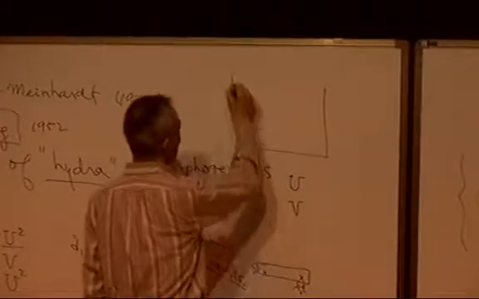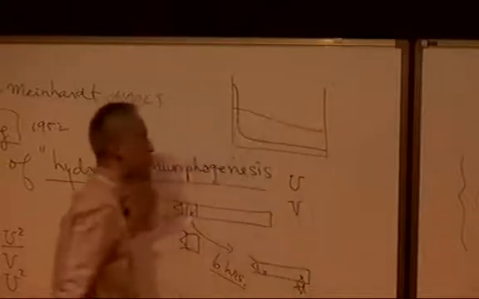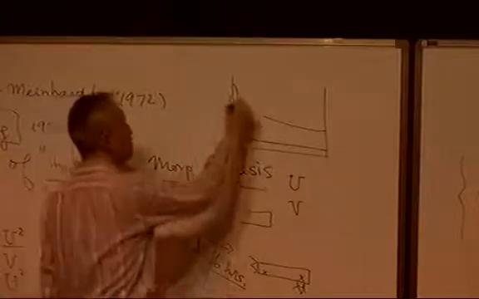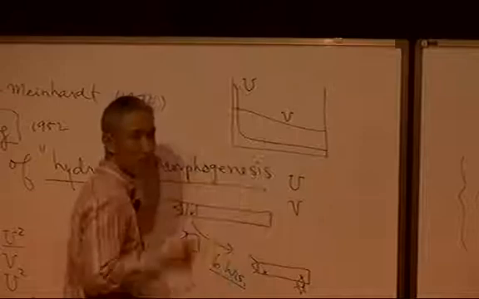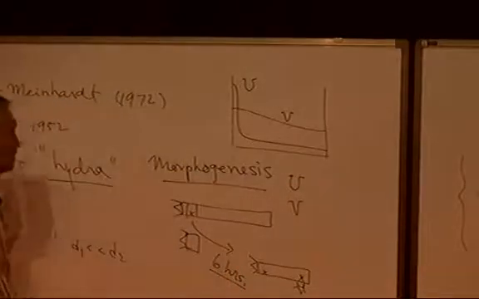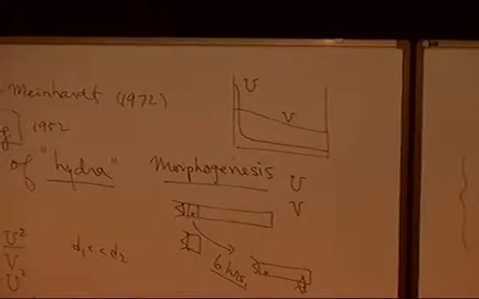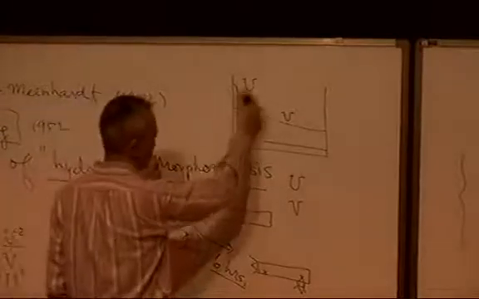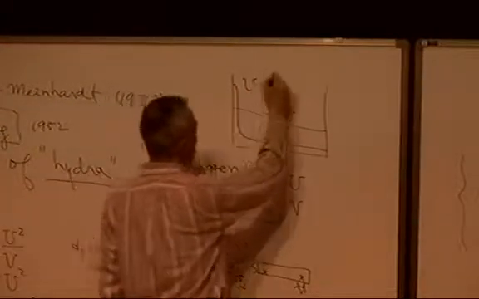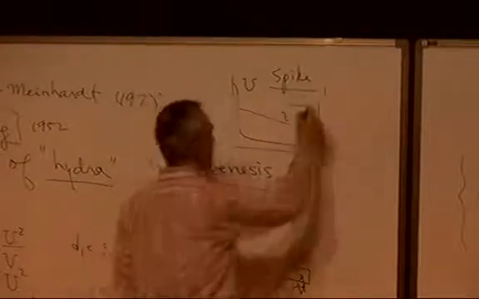Then u will look like this, while v will look like this. v is nearly a constant, and u has a striking peak near one end of the Hydra. And of course, this has led mathematicians to do lots of work. And nowadays, we call the shape of this kind of u a spike, or a spike layer.